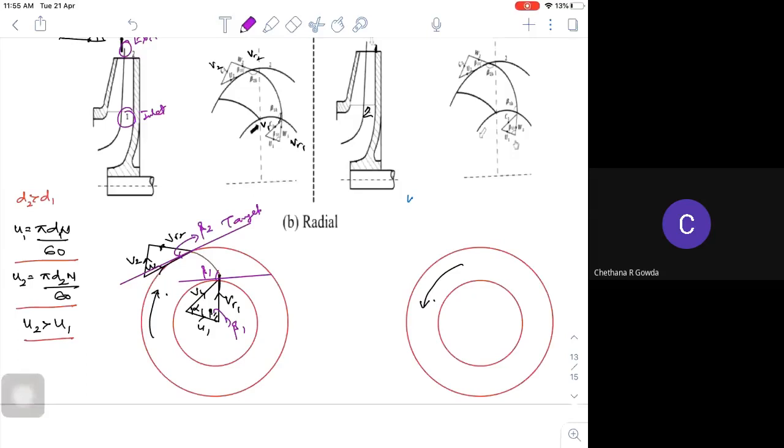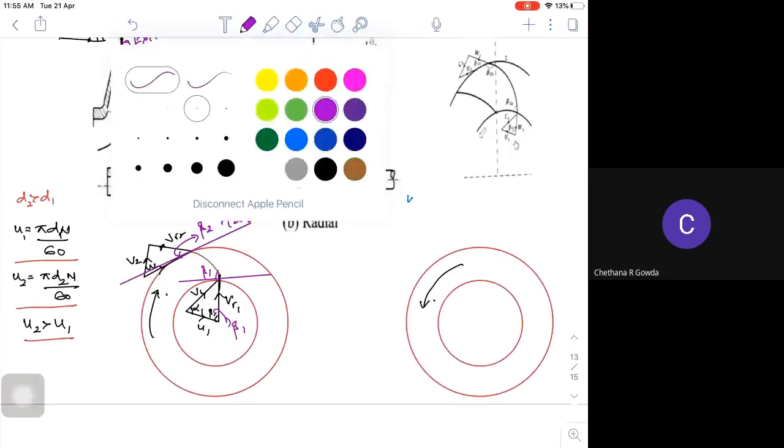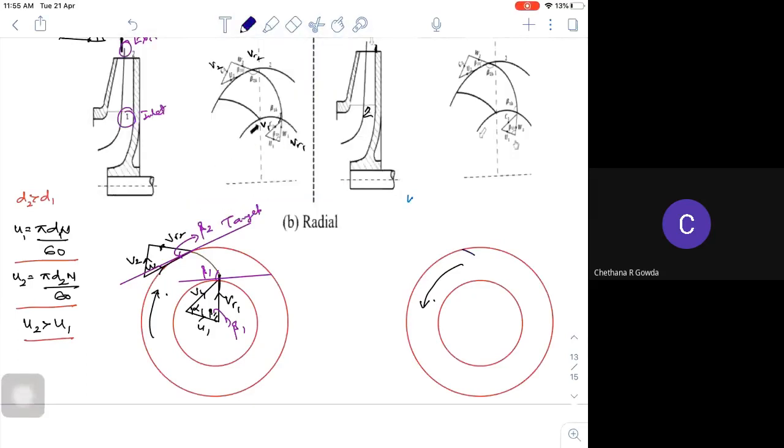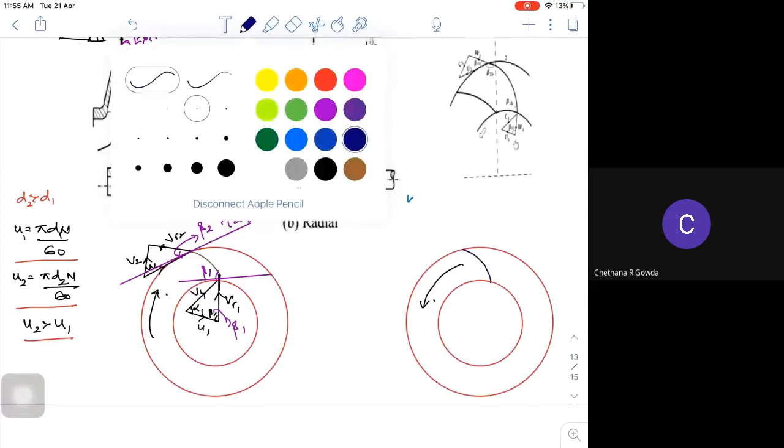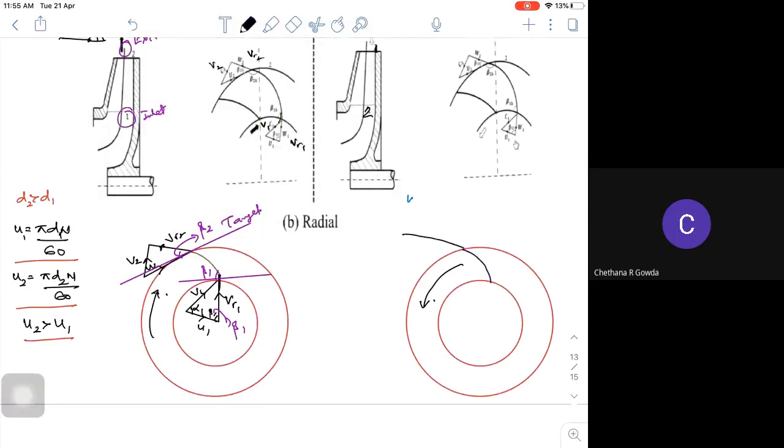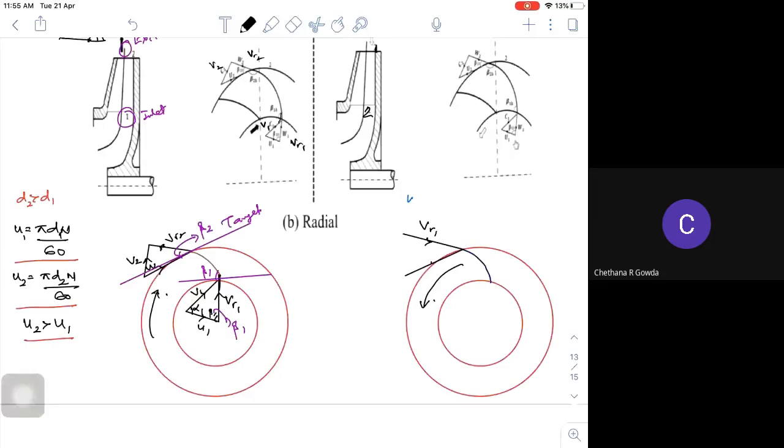Turbine. So if this is the blade, what is the direction of rotation? This is your VR1, and it's rotating in this direction. This will be my U1, and this will be corresponding.